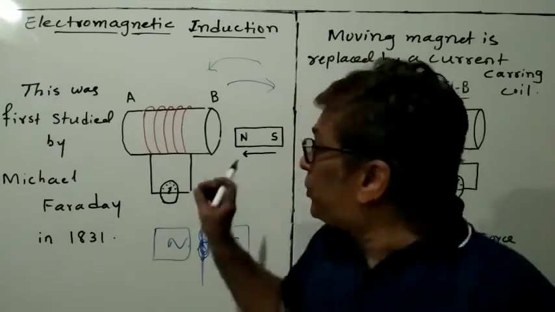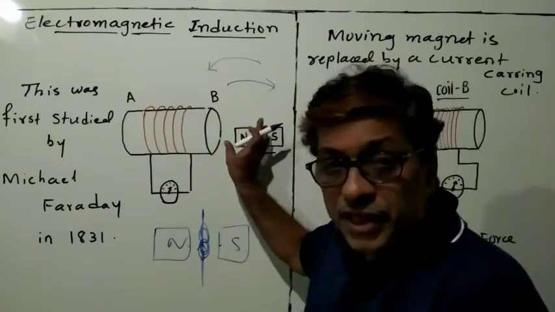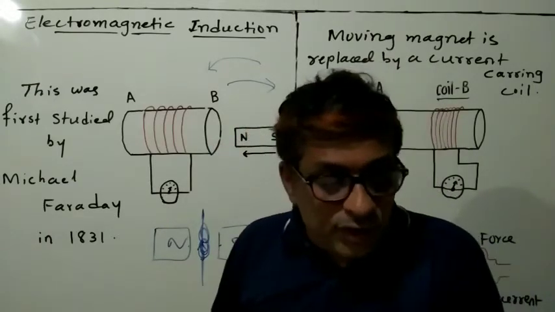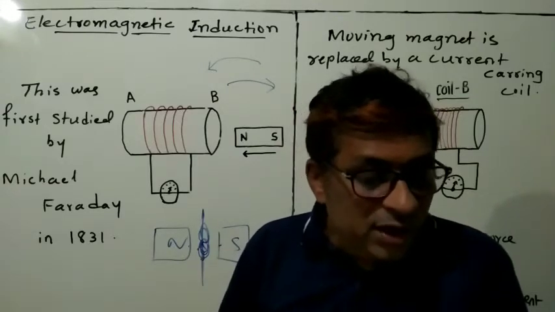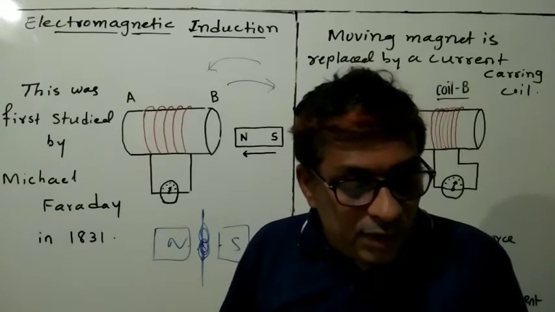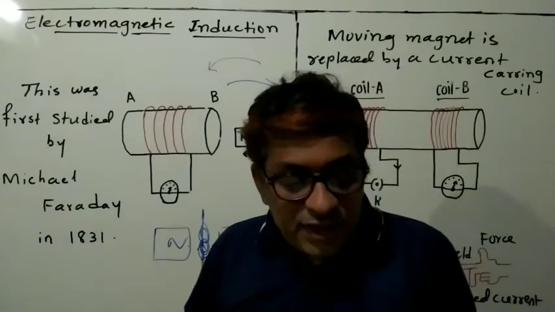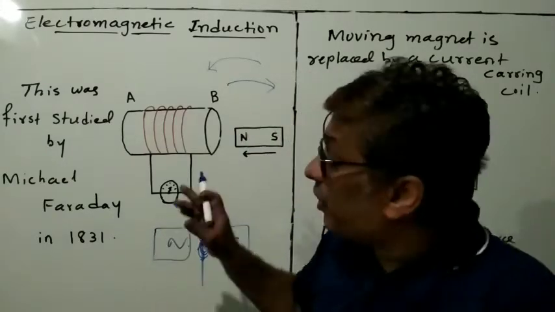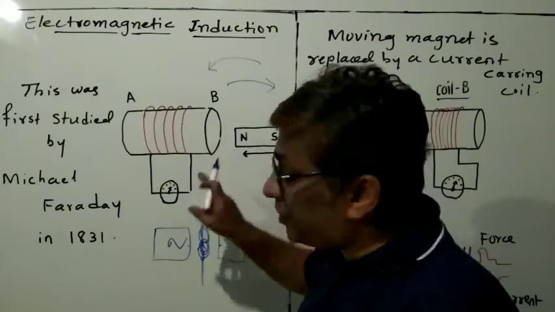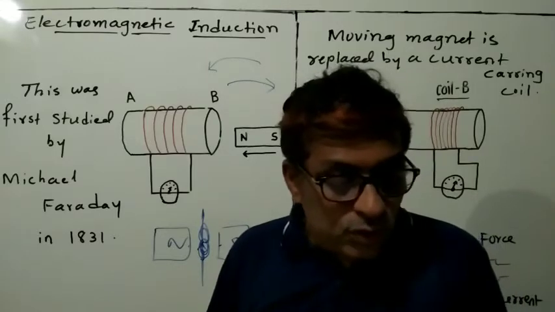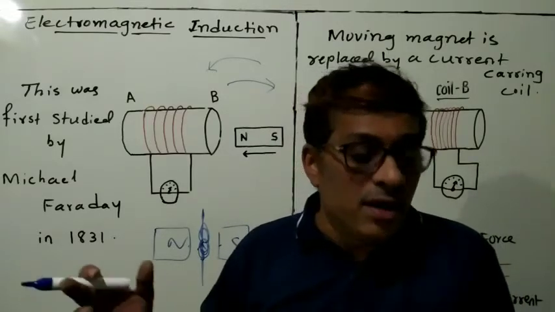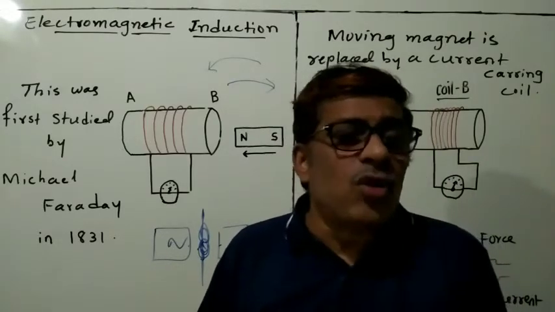Place the magnet stationary, without moving, near the coil, with its north pole towards the end B of the coil. When the coil is moved instead, we notice the same thing: the needle moves to the right, and when the coil is moved away, it moves to the left.